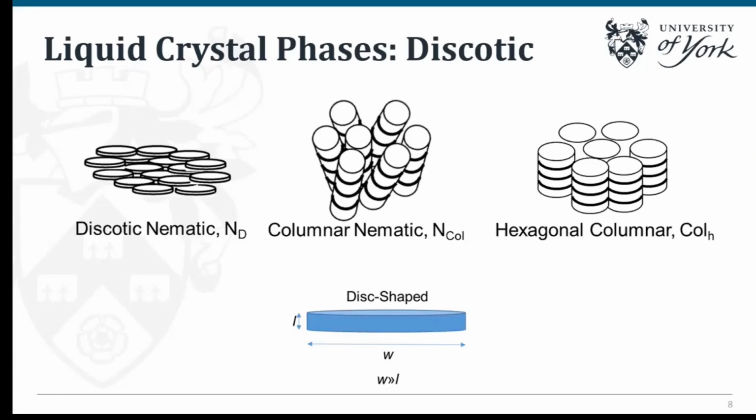Instead, discotic molecules, for some reason, tend to prefer to align themselves in columns. And the columns themselves can either be disordered, in which case you get a columnar nematic phase, or they can order themselves on lattice points, with hexagonal columnar being one of the most common. They can also sometimes order themselves on a rectangular space group.